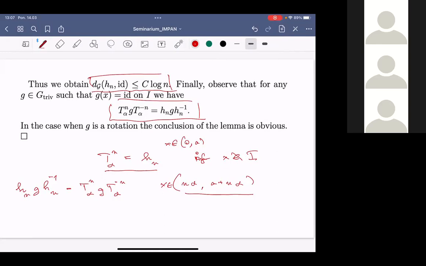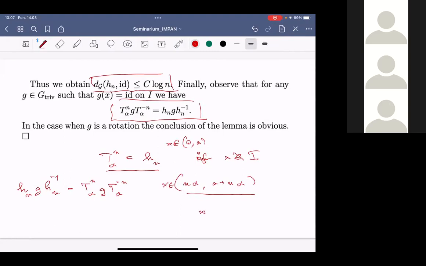So hn is a homomorphism. And if we take x which is not in this set, then the hn inverse of any element x will be in the set a to 1, because it was a homomorphism.